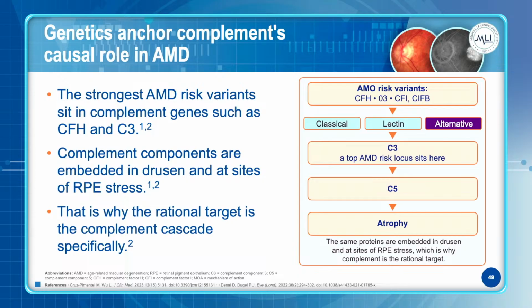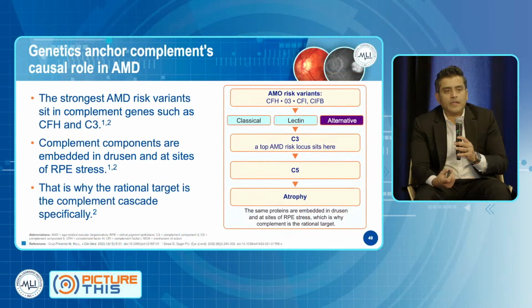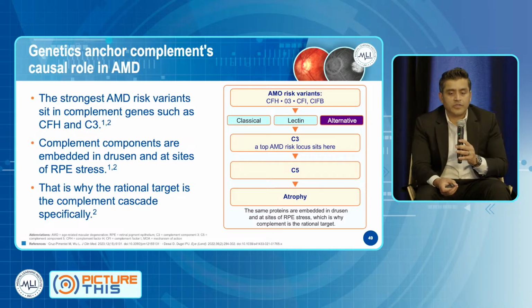What about genetics, right? Dry AMD is a disease that's genetic, that has complement overactivation. We have social risk factors like smoking, but genetics have been established for a long time with the GWAS and other studies, and the strongest AMD risk factors we see are gene variants for CFH and C3.